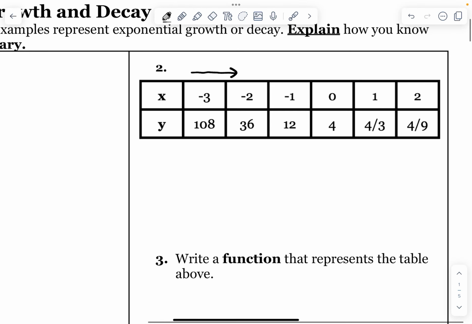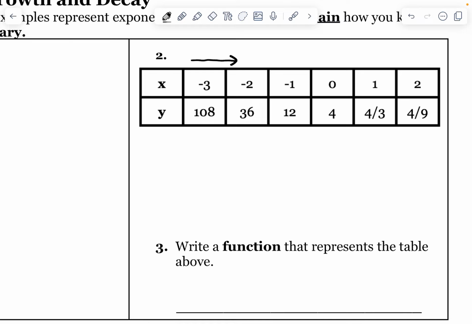If you take a look at example 2, your initial value is going to be 4. So the way to get the initial value is notice what happens when your time is 0. You have 4. When nothing has happened, you start at 4. So we know that our function is going to be y equals 4 times something to the power of x.